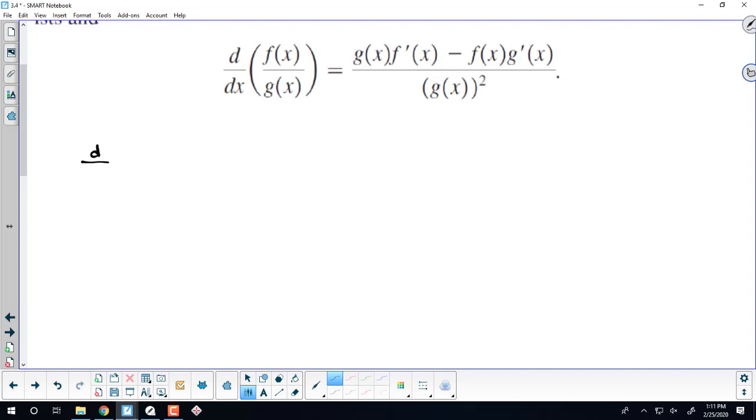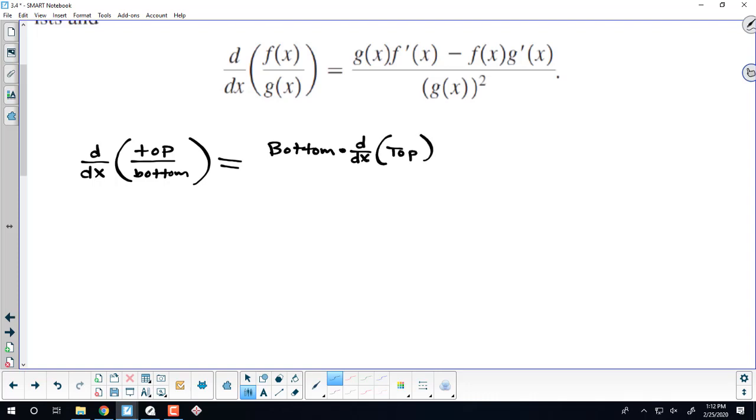Over here, the derivative of the top over the bottom. Either way, it's our quotient rule. You have to take the bottom times the derivative of the top, minus the top times the derivative of the bottom.